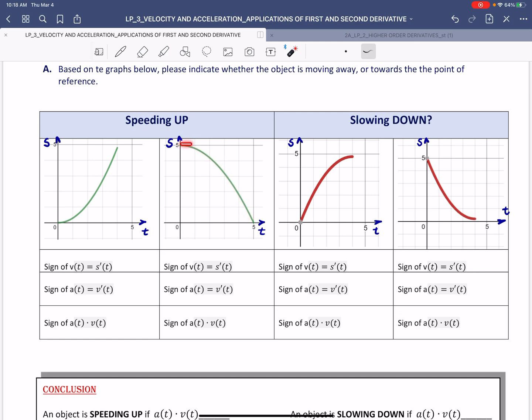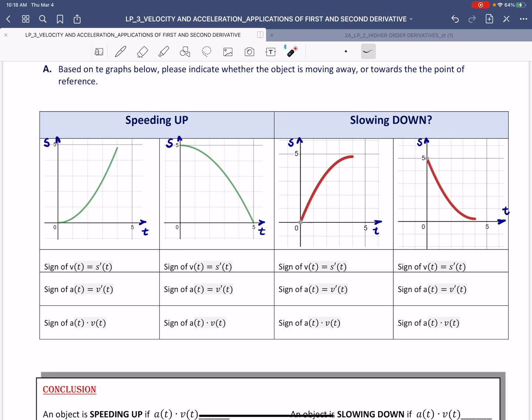As you can see here, the velocity, which is measured by the slope of the tangent, is all negative and becoming more and more negative. The graph is becoming steeper, which means that the object is moving faster. So this is an example of motion that is speeding up.